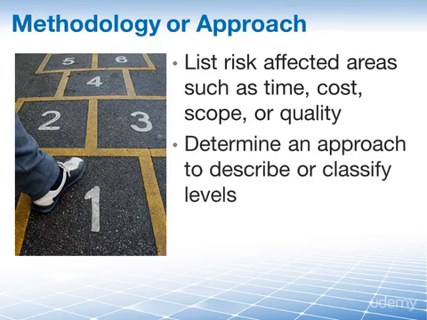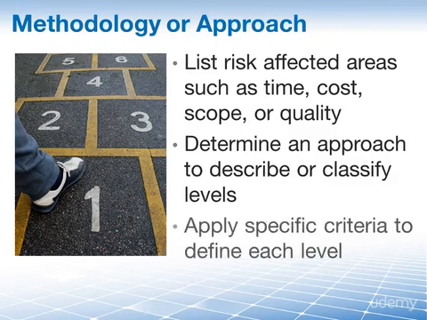Then we determine a scale or a set of terms to describe our levels, like the 5-point scale or low, medium, high, or both. And finally, we need to apply specific criteria that define the levels that we have chosen. For instance, a medium impact on time may have a criteria of a 5 to 10% time increase.